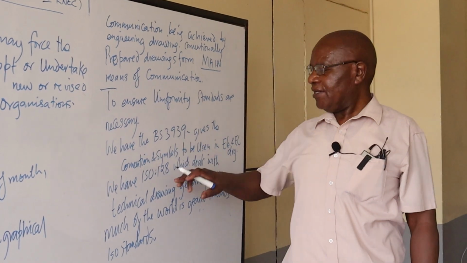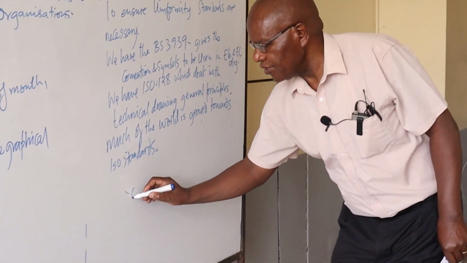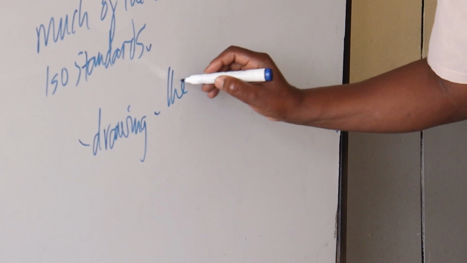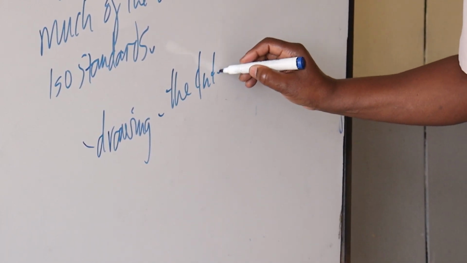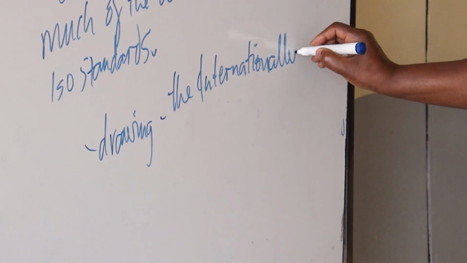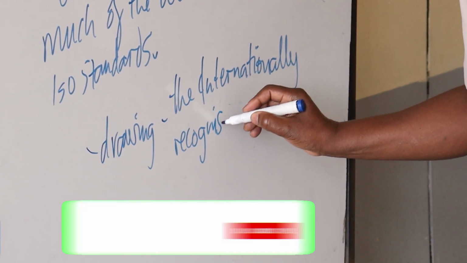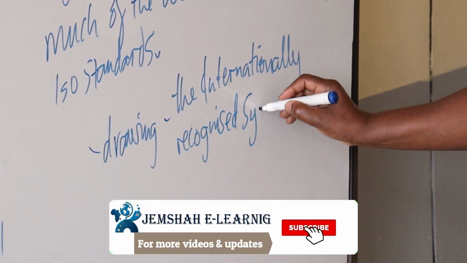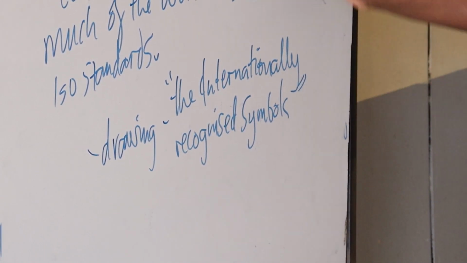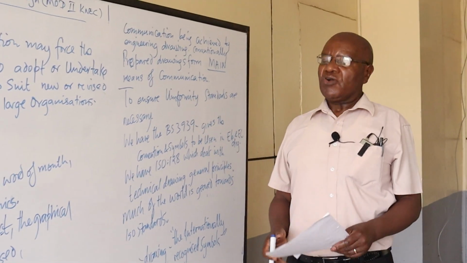The only time they really quote ISO, BS, or KEBS, they talk about you drawing the internationally recognized symbols of various electronics and electrical or telecom components.